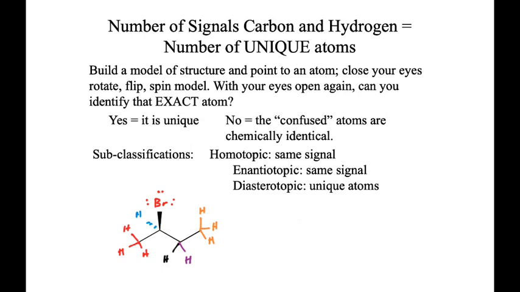No, it doesn't. We see 4. Why don't we see 5? Because the difference between the black and the purple was so subtle that our magnet didn't pick it up. If I wanted to see that 5th hydrogen, what would I use? A stronger magnet. Most of the spectra you deal with, that difference between those diastereotopic positions isn't enough for the magnet to actually detect. So it actually turns into one signal.